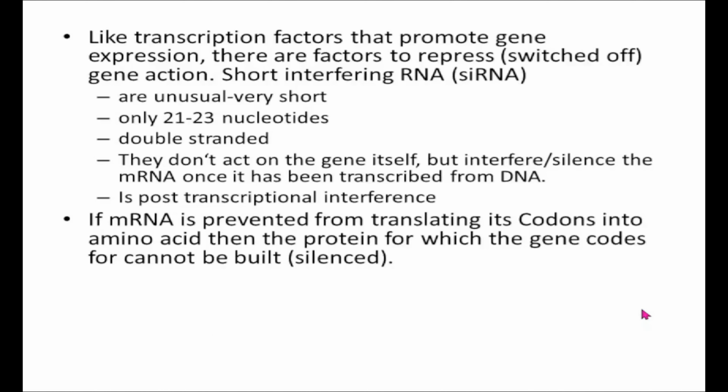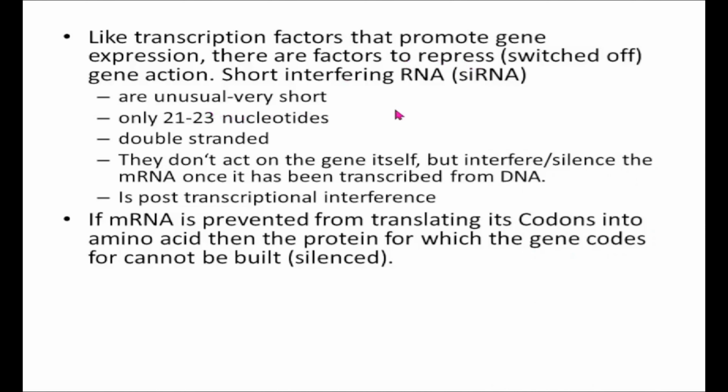Like the transcription factors that promote gene expression, there are factors that repress it. Repressing means preventing, or switching off gene action. Short interfering RNA, siRNA for short, is one example of a repressing factor.